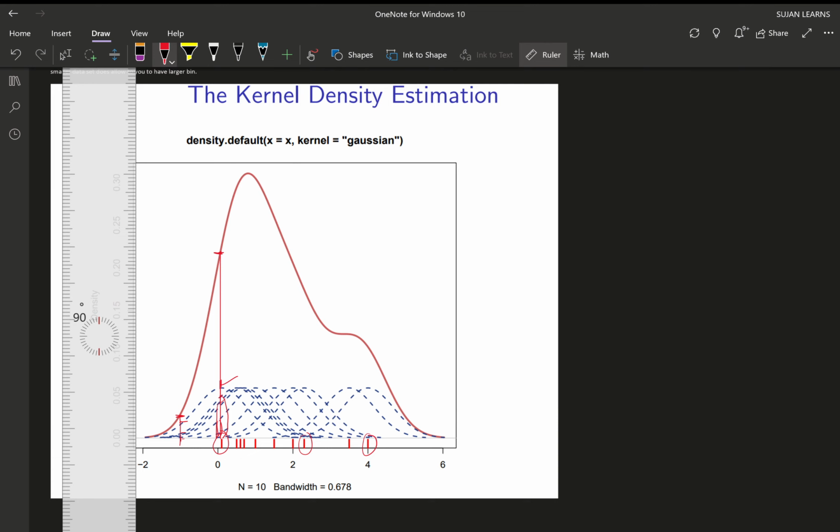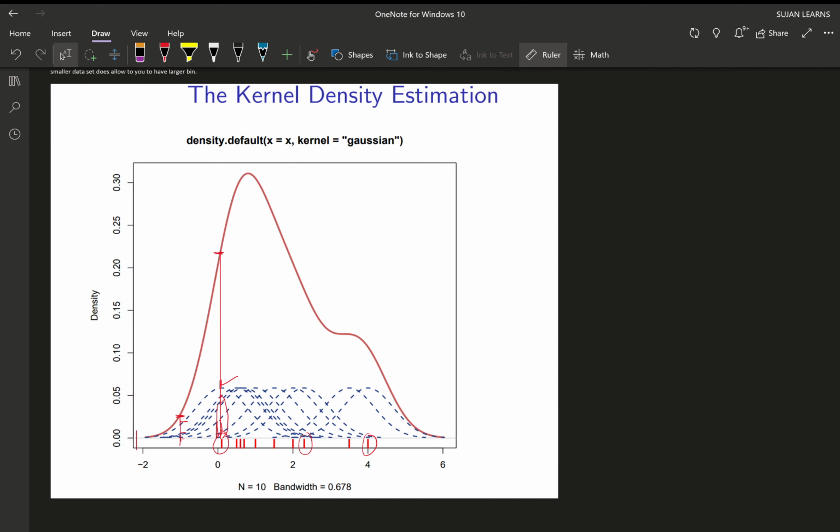It gives us the probability density of any given point within this range.